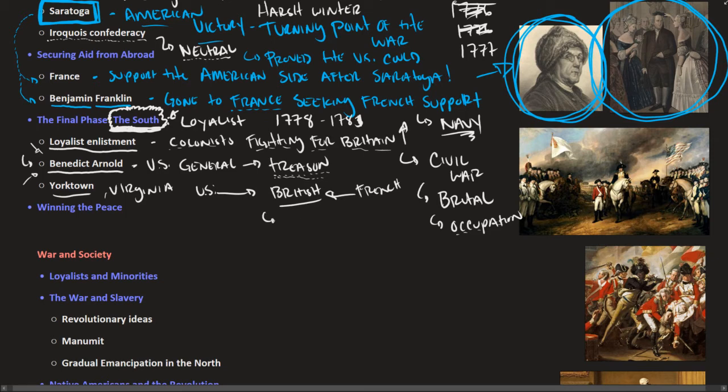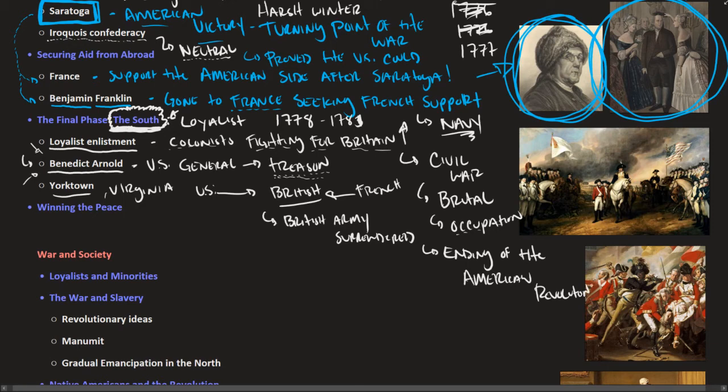And it was at Yorktown that the British Army surrendered. And that marked the ending of the American Revolution.